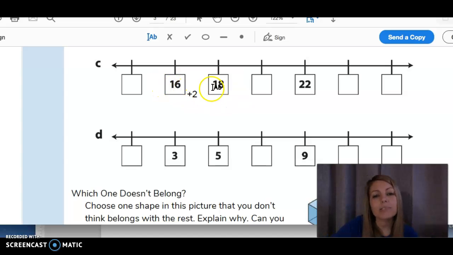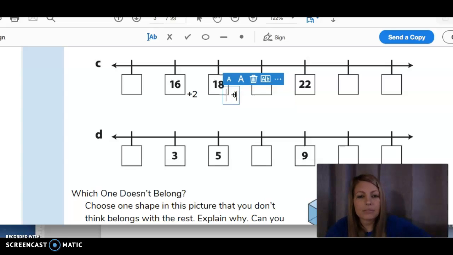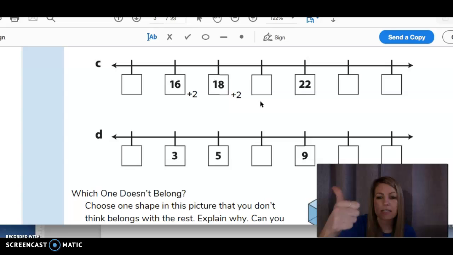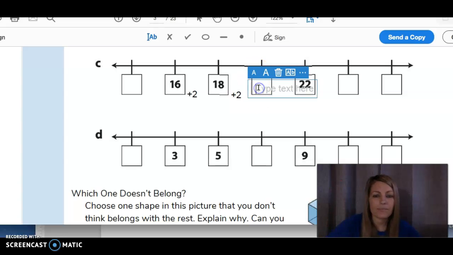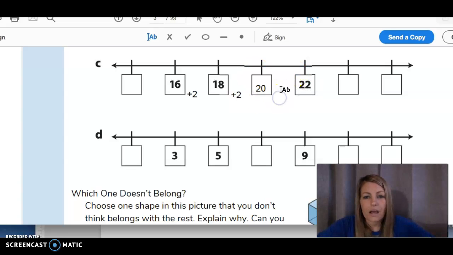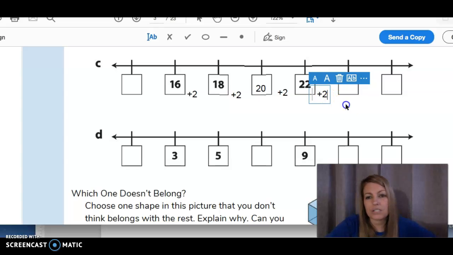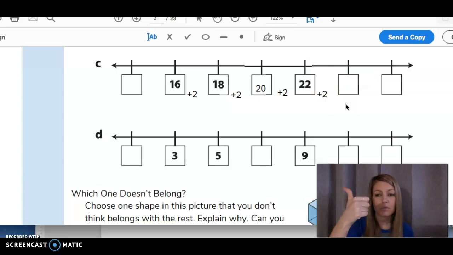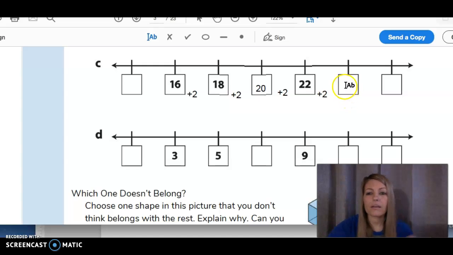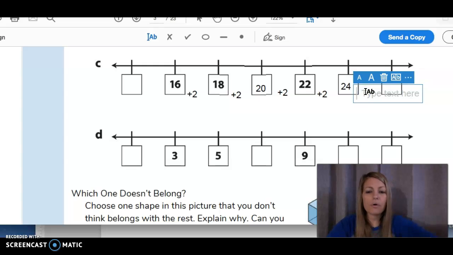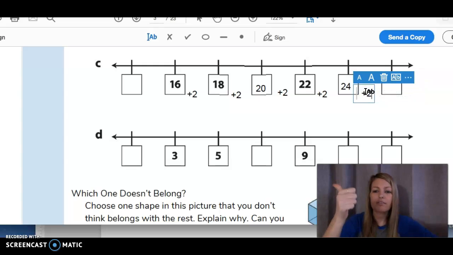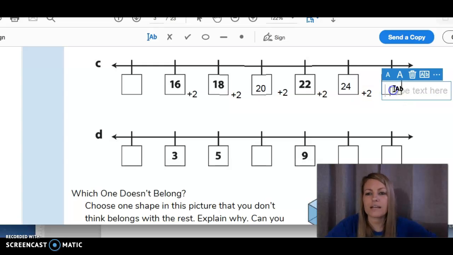So 16 plus 2 equals 18. 18 plus 2, 18, 19, 20 equals 20. 20 plus 2 equals 22. 22 plus 2, 22, 23, 24 equals 24. 24 plus 2, 24, 25, 26 equals 26.